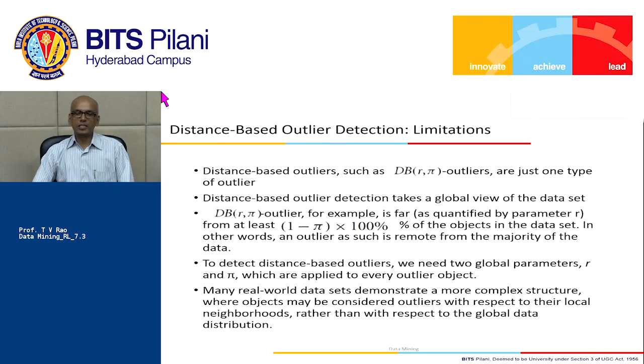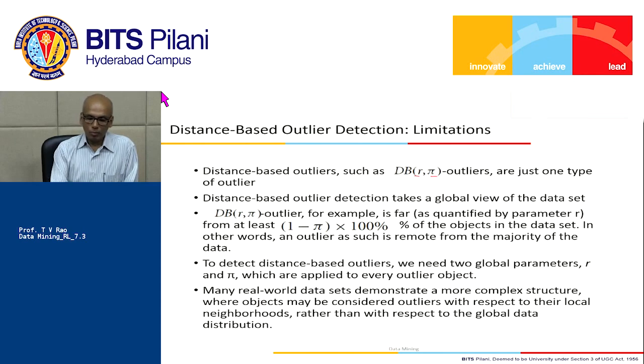The distance-based technique does have several limitations. First is that we need to specify the parameters r and pi, and we are going to get this percentage of objects which are going to be remote from the majority of the data.